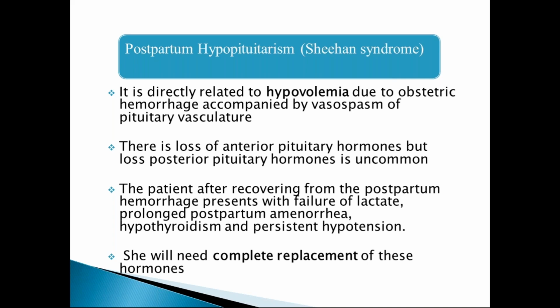Due to hypovolemia, there is a vasospasm of pituitary vasculature. Thereby, there is a loss of anterior pituitary hormones, but loss of the posterior pituitary is uncommon. The patient, after recovering from the hemorrhage, usually presents with failure to lactate, prolonged postpartum amenorrhea, hypothyroidism, and persistent hypotension. So she will need complete replacement of all these hormones.